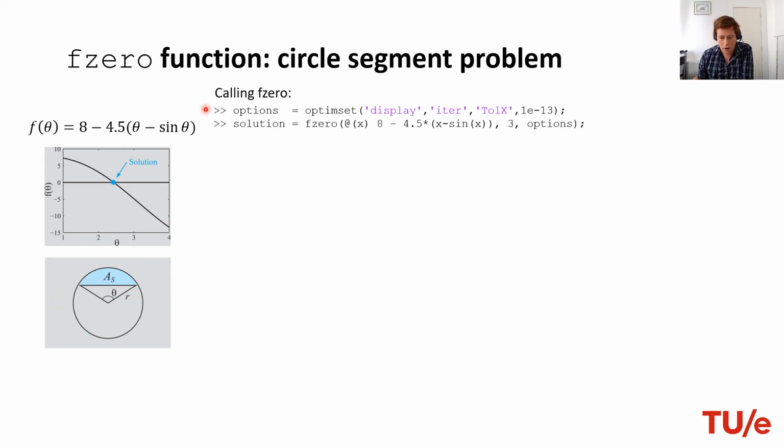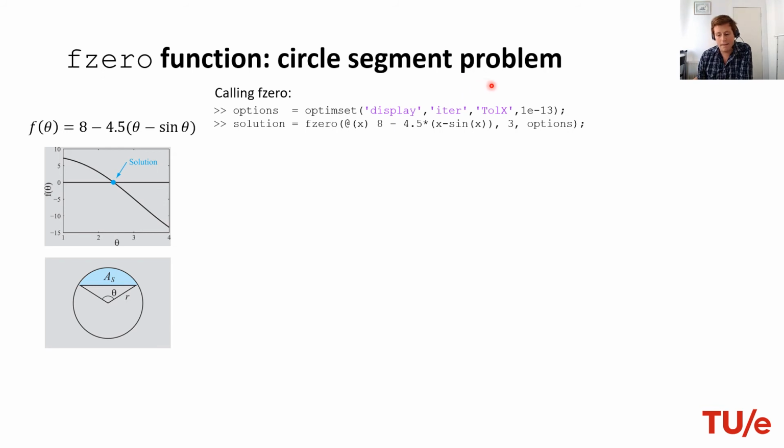Now, how do we call this? Well, you can set certain options for the solver. These are optional. Otherwise, it will revert to certain default settings. But here I chose to set the display option to iter, which means that it will display information about all the iterations such that we can see what it's actually doing.